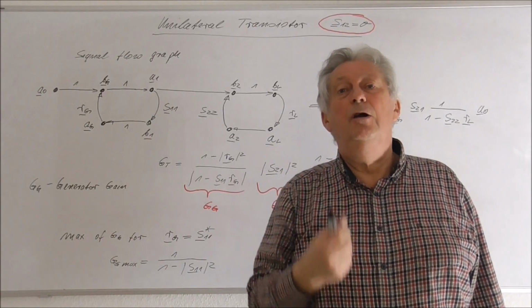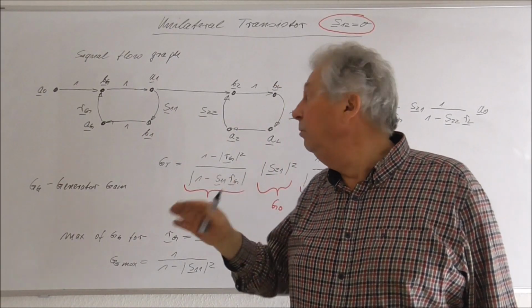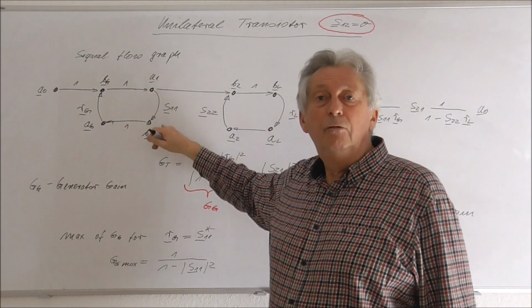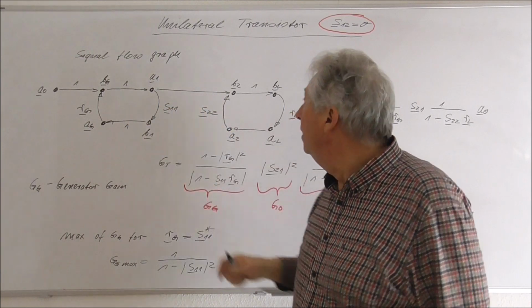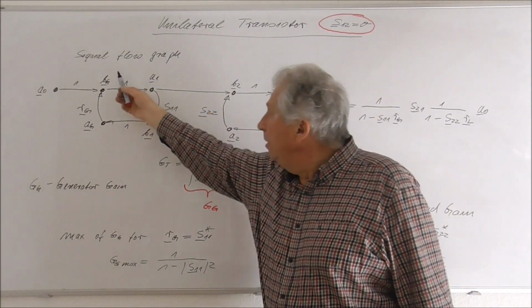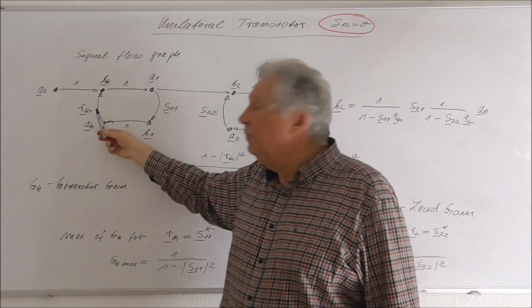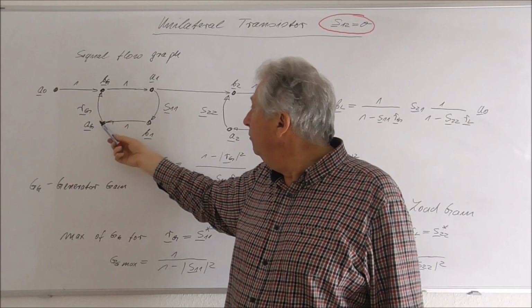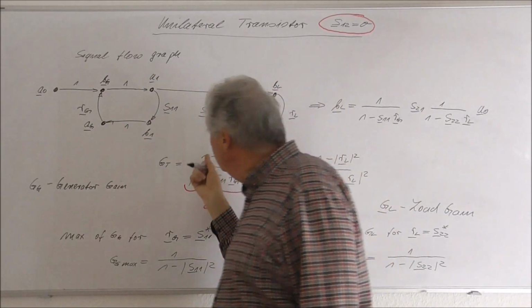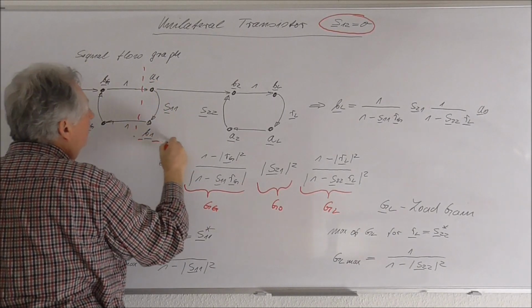So in this situation, the input reflection coefficient will not depend on the load, and vice versa. If I sketch the signal flow graph, we have here our generator, which shows a certain generator reflection coefficient. And here we have our transistor, or our active device.